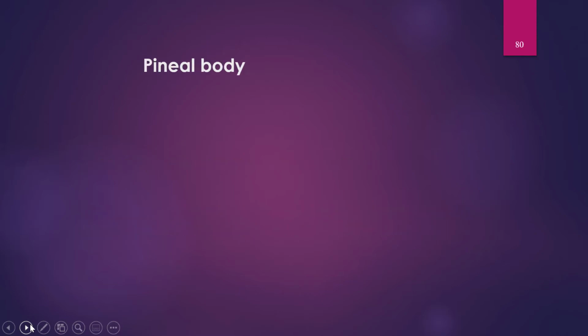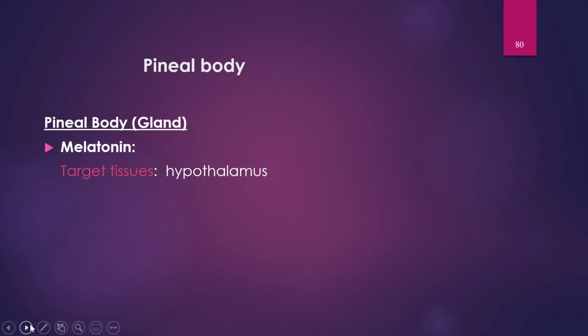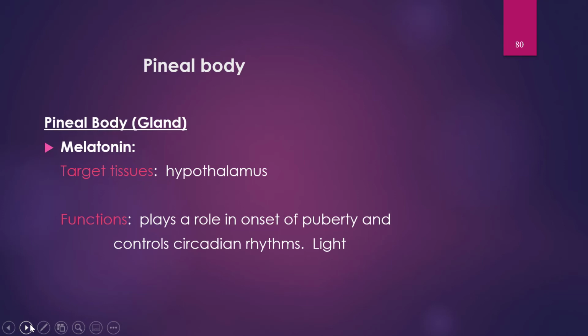And I think this is already the last of the glands, the pineal gland or the pineal body. It secretes melatonin, and the target tissue here is the hypothalamus. It plays a role in the onset of puberty and control of the circadian rhythm, which means if you have a lot of melatonin being secreted, then you will feel tired and sleepy.